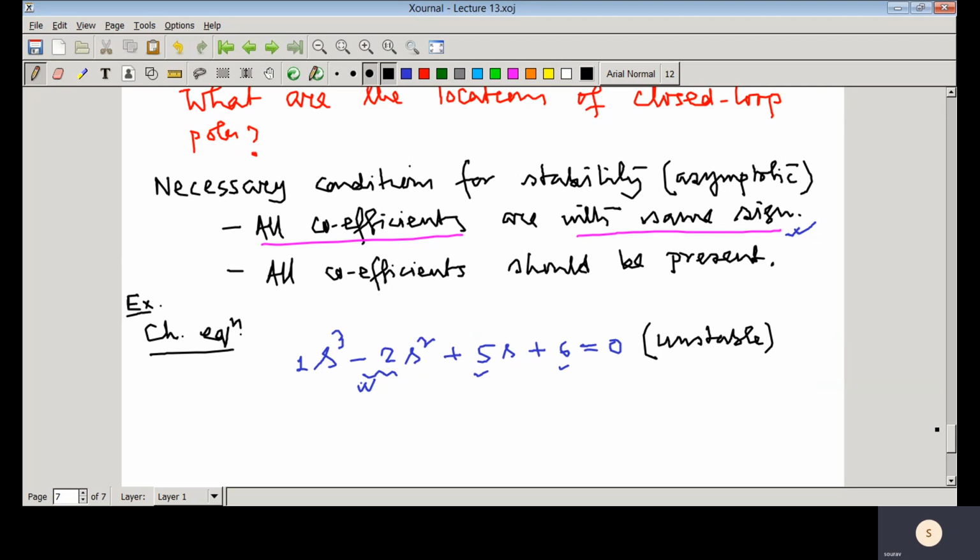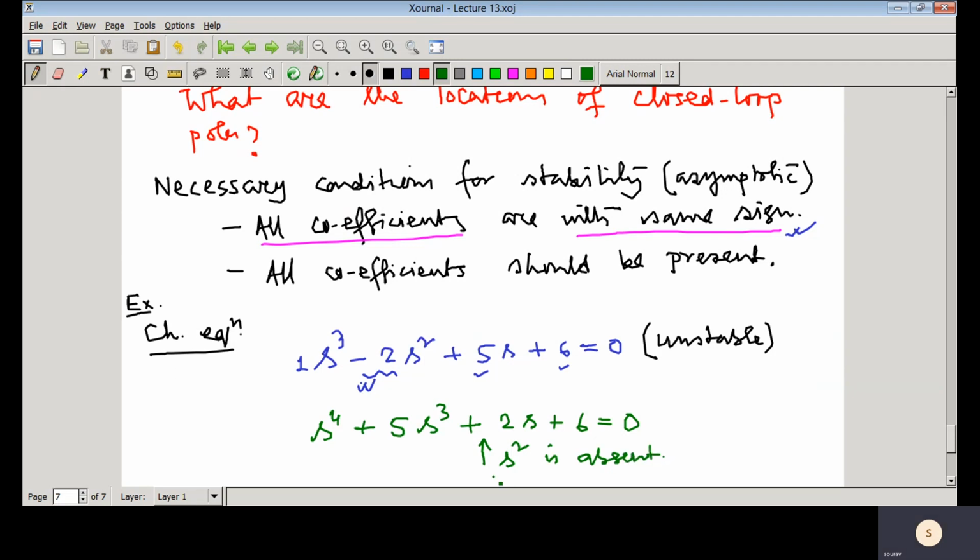In another case, suppose you have the characteristic polynomial s to the power 4 plus 5s cubed plus 2s plus 6 equal to 0. In this case you can see that the s squared term is absent.